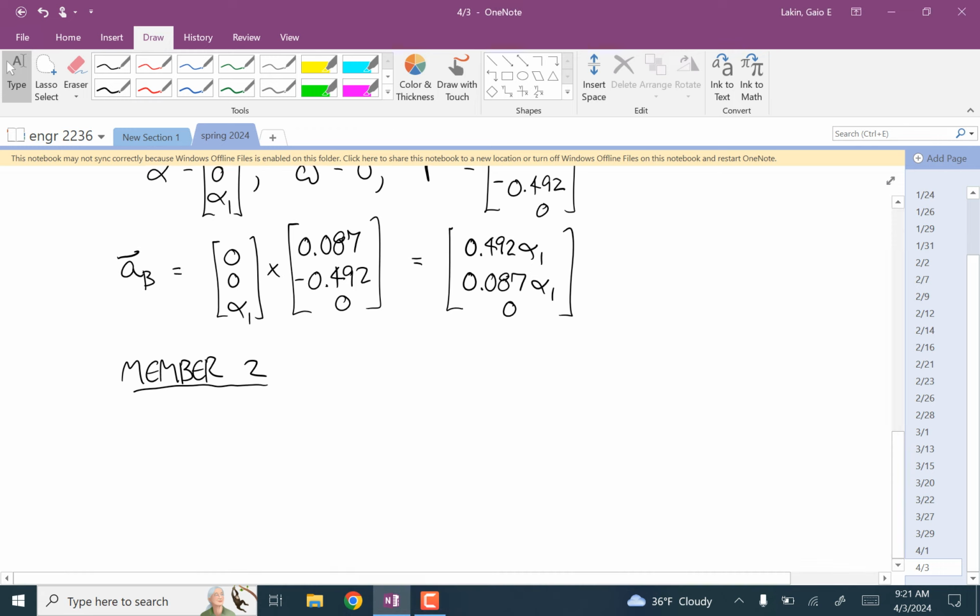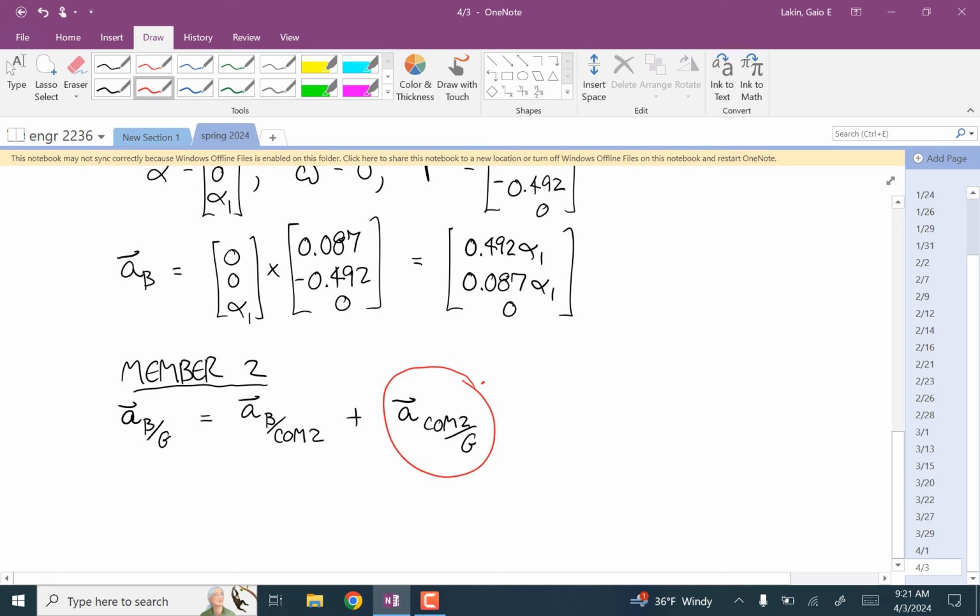So for this one, we're going to have to calculate the acceleration of B relative to the ground using relative motion. So this is equal to the acceleration of B relative to the center of mass of body 2 plus the acceleration of the center of mass of body 2 relative to the ground.